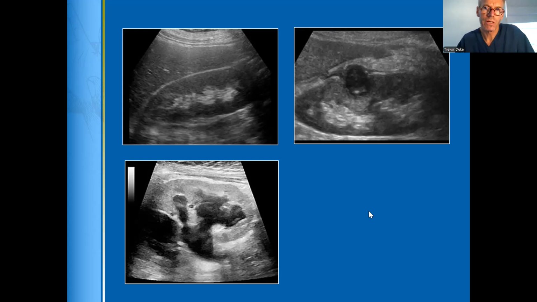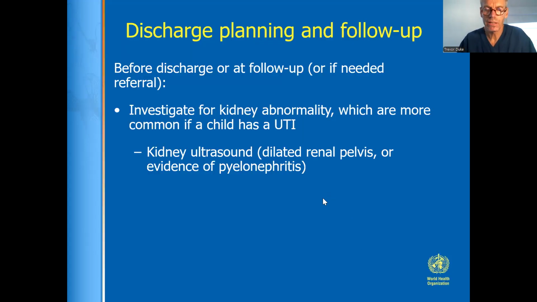So it's useful to do at follow-up, either if you can do an ultrasound, or your radiologist or ultrasonographer can do one, or if you can teach yourself how to do one, it's not that hard to do. Or if the child needs referral to see a pediatrician to have an ultrasound scan at some stage. That's just a follow-up that's needed.